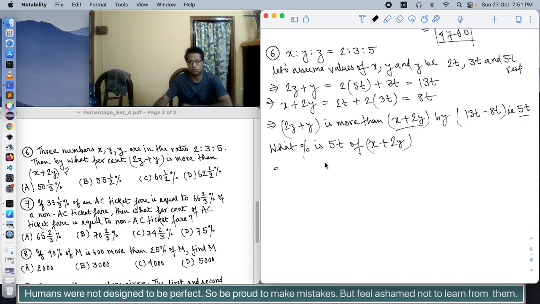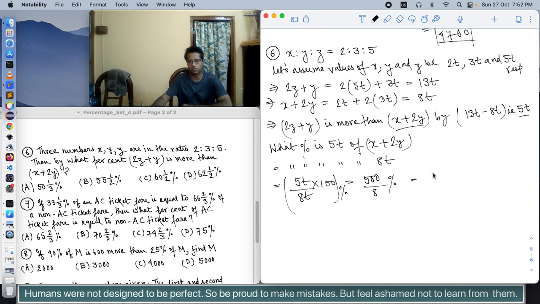This is equal to what percentage is 5t of x plus 2y. x plus 2y is 8t. So this is equal to 5t divided by 8t multiplied by 100. The t cancels out, we get 500 by 8 percentage.